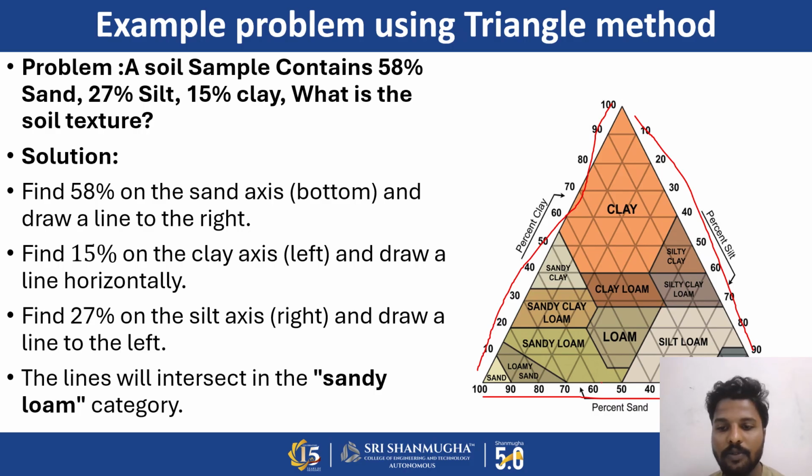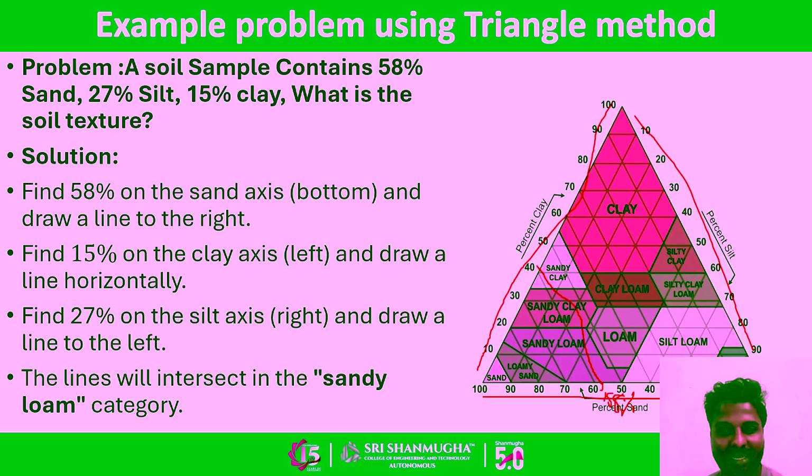Yes, it almost comes to this point. You have to draw the line to the left towards the clay. I can't draw this line exactly to scale, so I tried to make this line very straight.